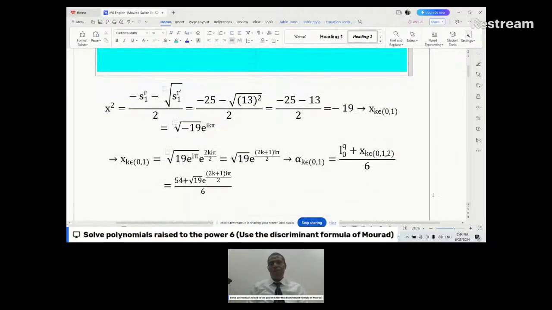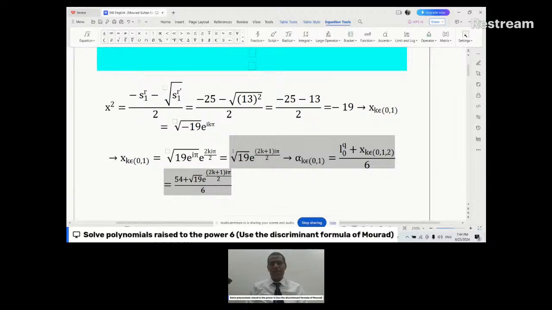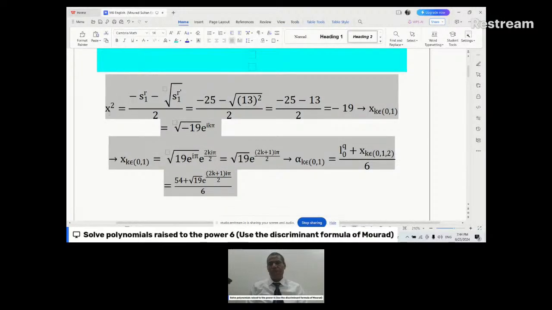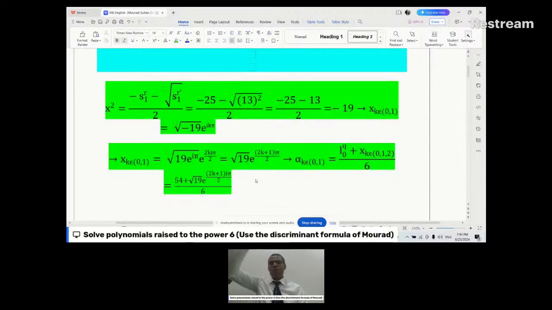Now the next, it will be this one. I will change the color so that you can distinguish between the two roots. Okay, green. Here, learners, you see that x squared should be equal to negative s1 of r minus the root of the discriminant, divided by 2. It will be negative 25 minus the root of 13 squared, divided by 2, which gives negative 19.